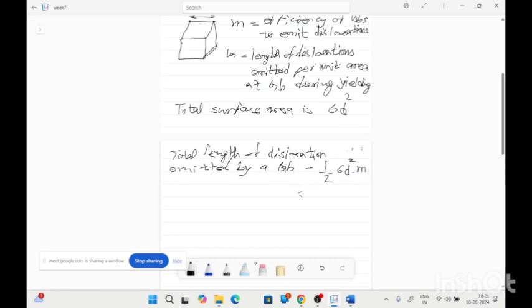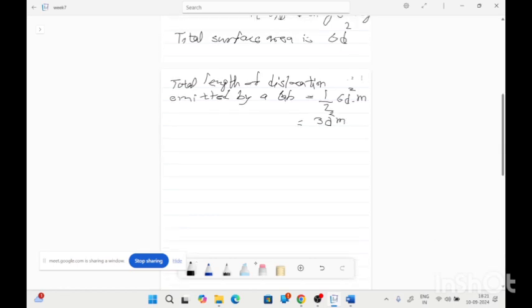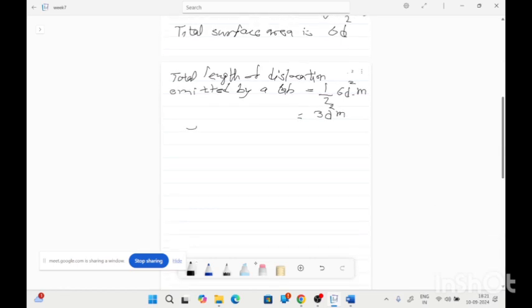So it will be 3D square m. The dislocation density can be written as the dislocation length per unit volume. So the dislocation length 3D square m is divided by the total volume of the grain, which will be D cube. From this relation, the dislocation density will be 3m by D.